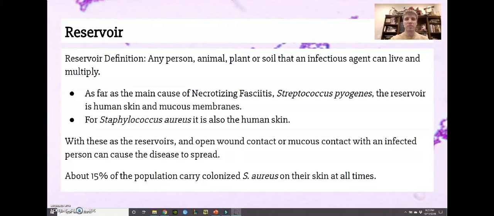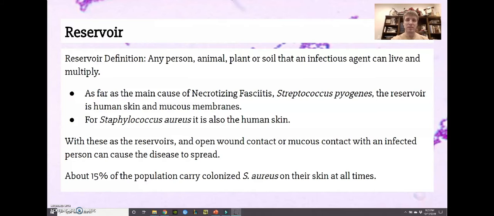The definition of reservoir is any person, animal, plant, or soil that an infectious agent can live and multiply. When it comes to necrotizing fasciitis, there are two responsible microbes. The main one is Streptococcus pyogenes, and its reservoir is the human skin and the mucous membranes.